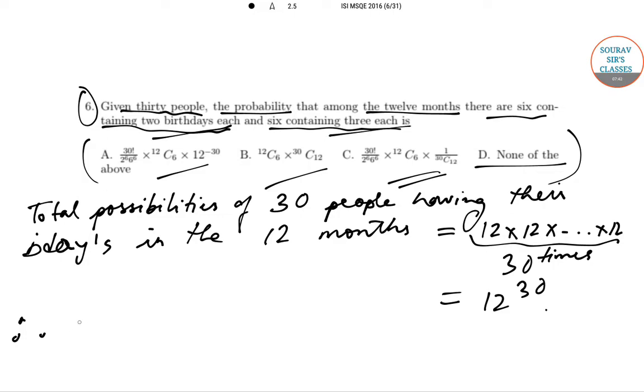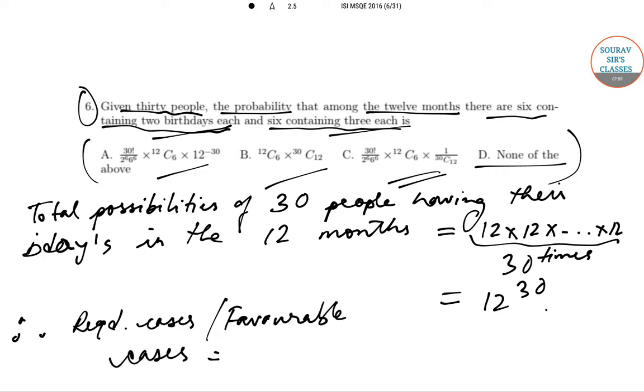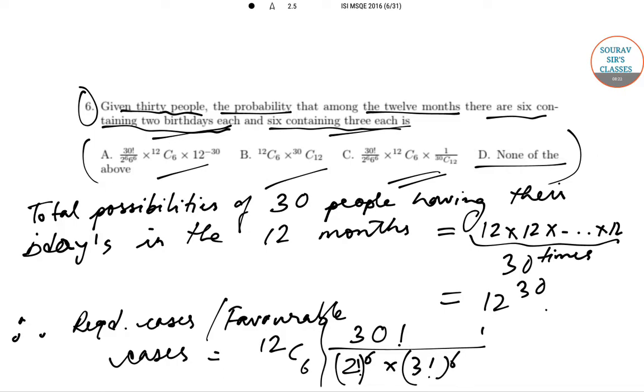So the required or favorable cases will be equal to 12c6, out of the 12 months we take 6 months, into 30 factorial upon 2 factorial to the power 6 and 3 factorial to the power 6. This is the expression that we are looking for.